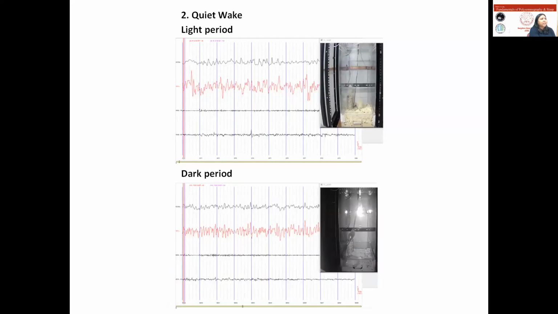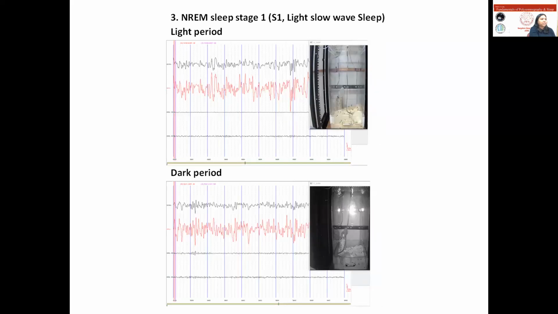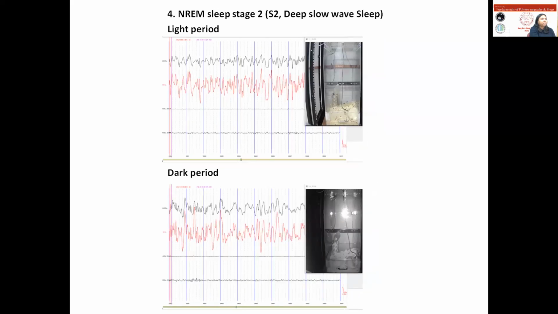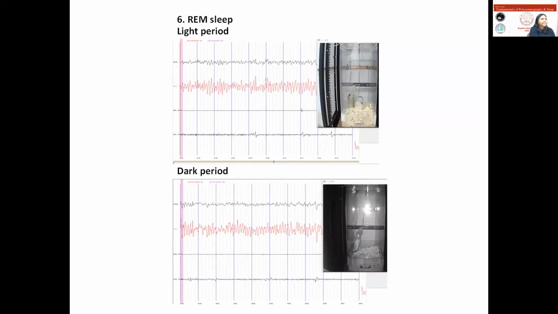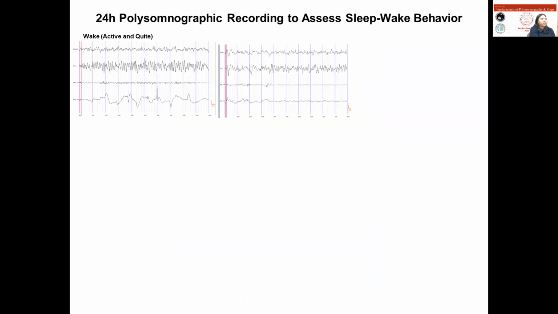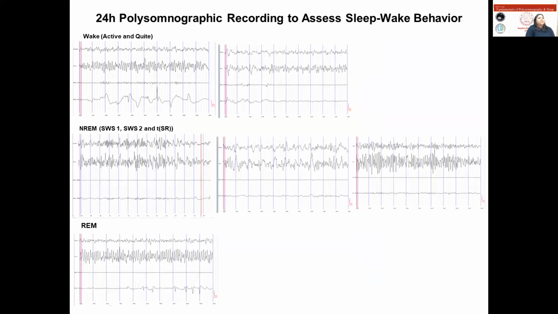So these are the different stages in light and dark period, representative images for different stages. Depending on your study protocol, you will decide whether you want to study each of these stages and quantify them separately, or club them together as represented here, where wake and active wake are clubbed together and scored as wake stage.